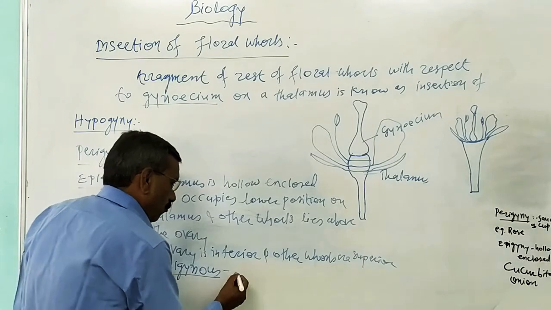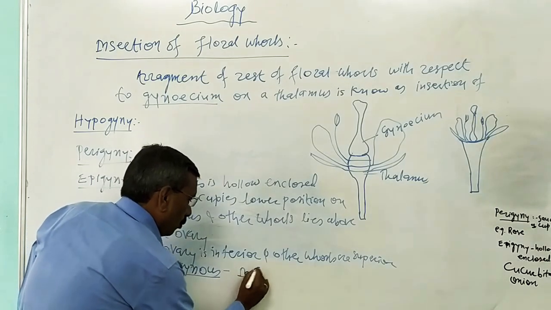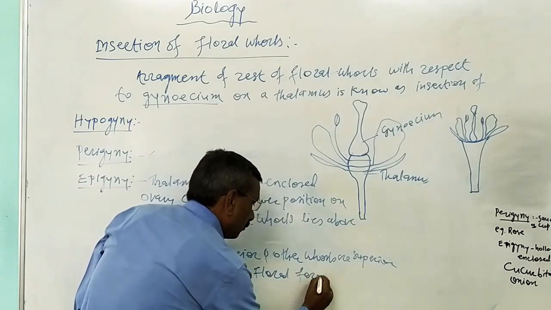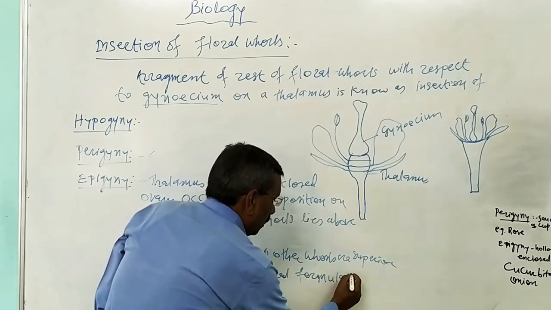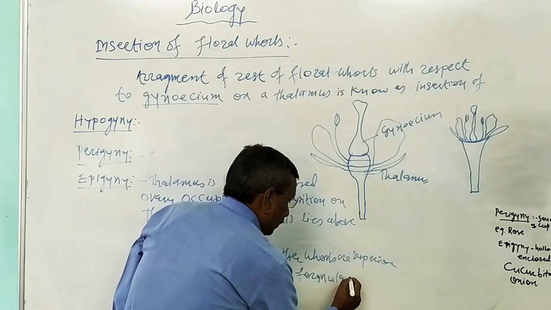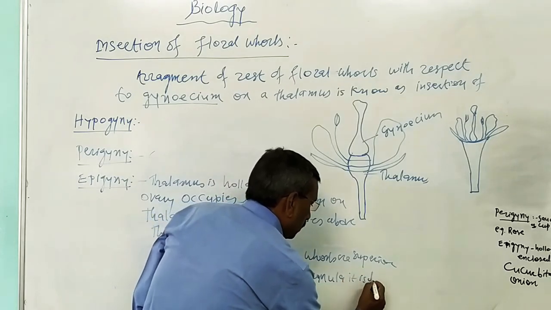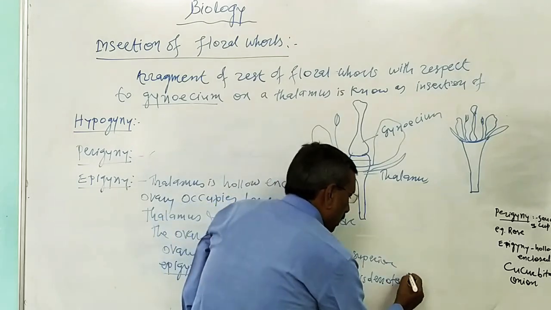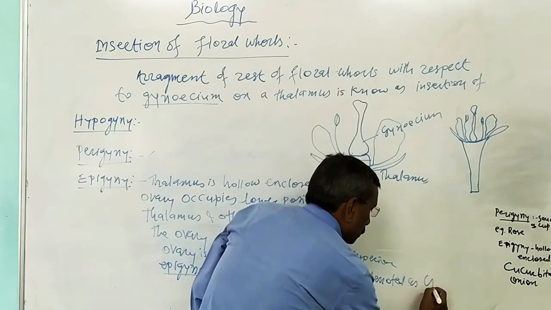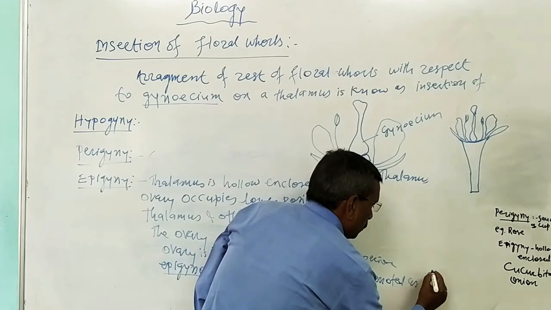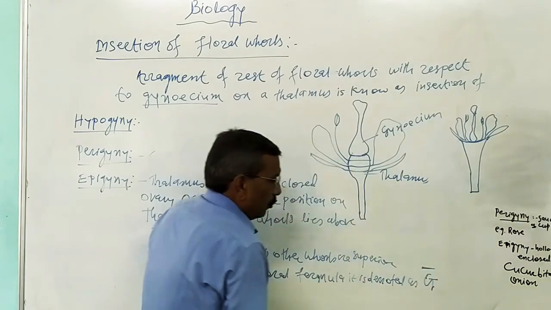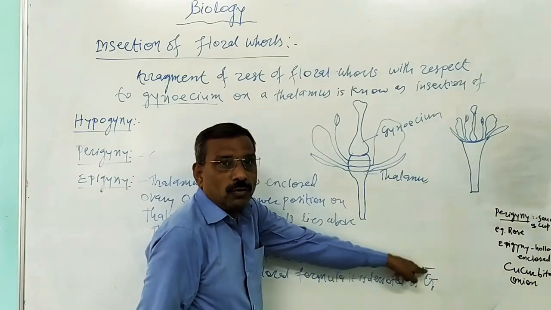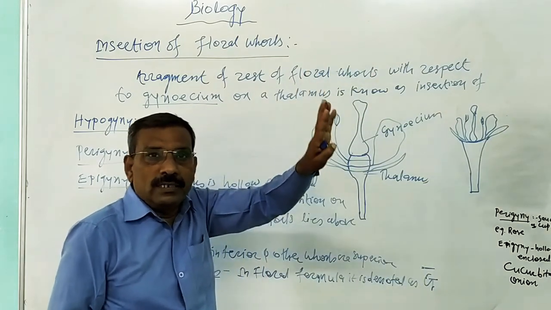And in the floral formula it is denoted like this. G stands for gynosium, and this line represents that the other floral whorls lie above the ovary.